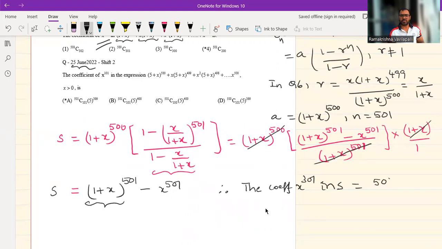That is 501C301. Or you can write 501C(501 minus 301), which is 501C200. So either of these.